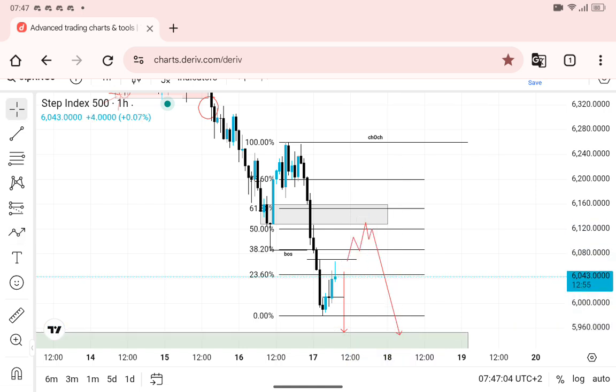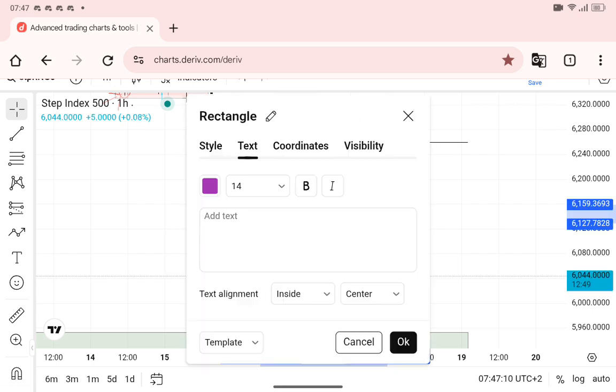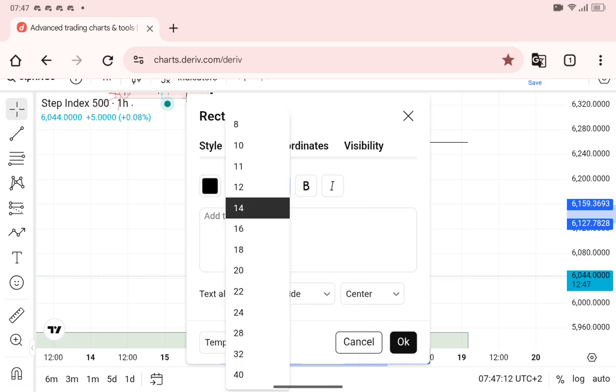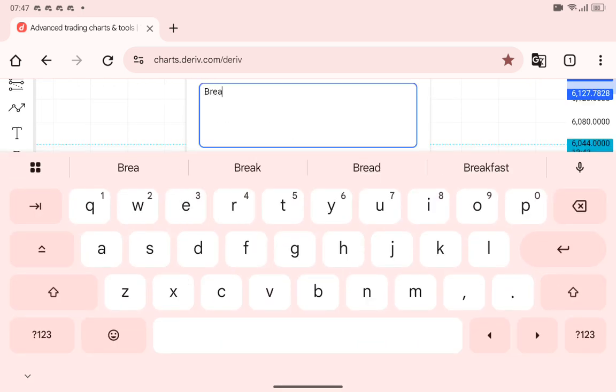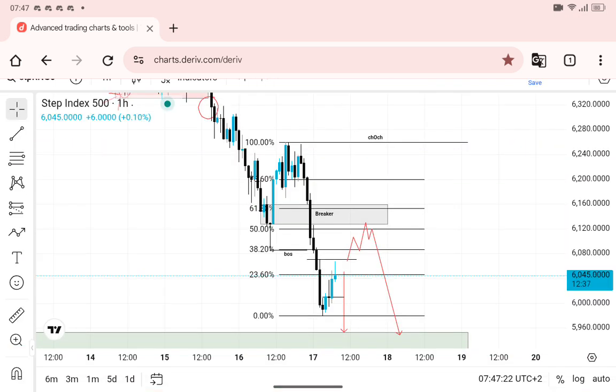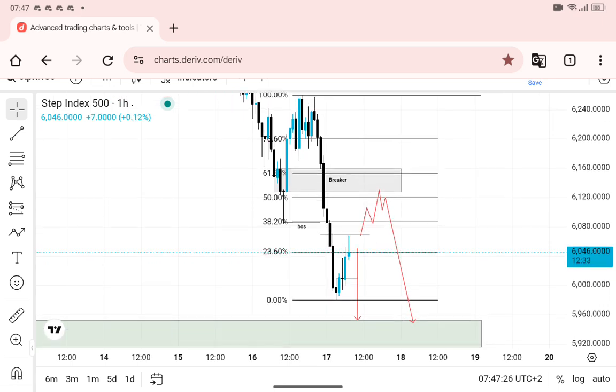Because if they close above, that means there is a potential. If they close above this breaker block, there'll be high chances that the market is now going to change, correct? Right? Now it means that the market is more likely to change, correct?